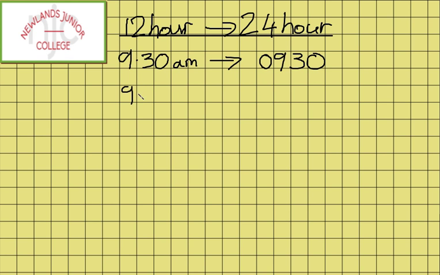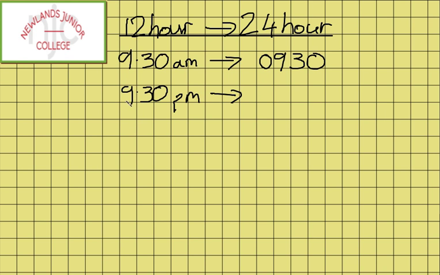Okay, let's look at another example. And this time, let's go for 9:30 PM. Turn that into 24-hour clock. Now, this is slightly different, of course. The PM means after midday, and every time you see PM in a 12-hour clock, when we're changing it into 24-hour clock, you need to add 12 hours on to the hours that you have here.